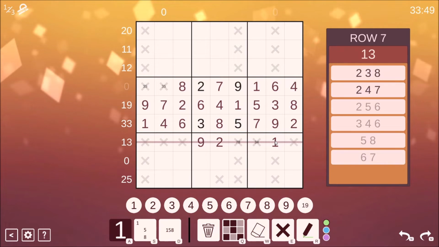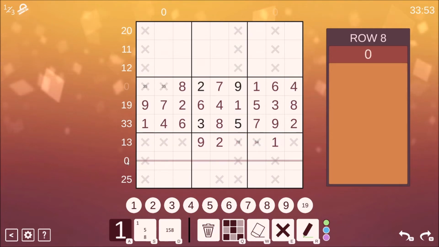Not yet, anyways. Let's look at this 0 clue. What this tells us is that we have to have a 1 and a 9 directly next to each other. However, we cannot have them over here because we have some squares blocked off.